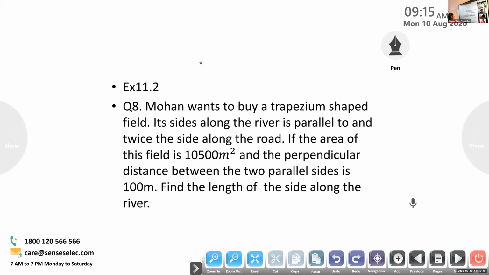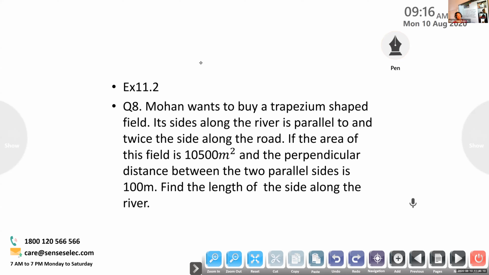The sides along the river and the road are parallel, given that it is a trapezium.